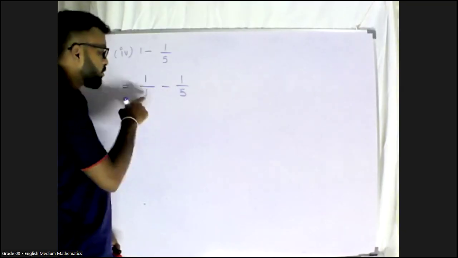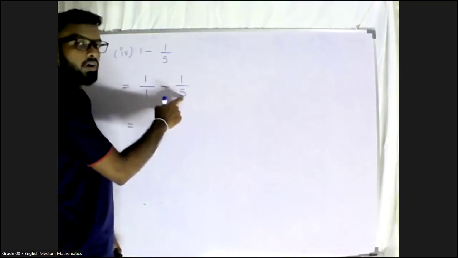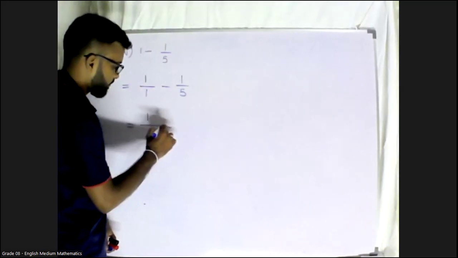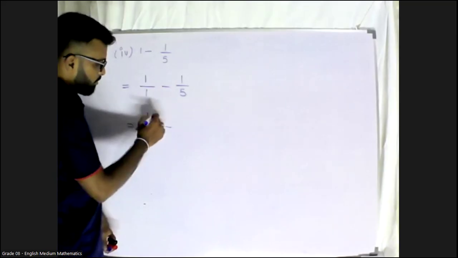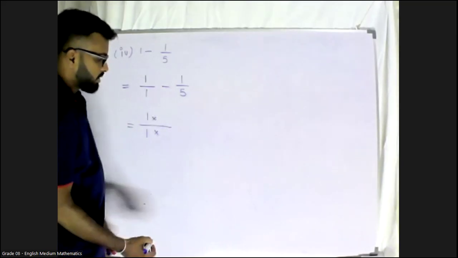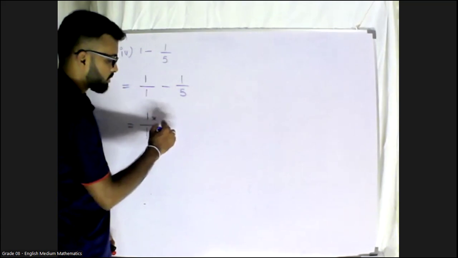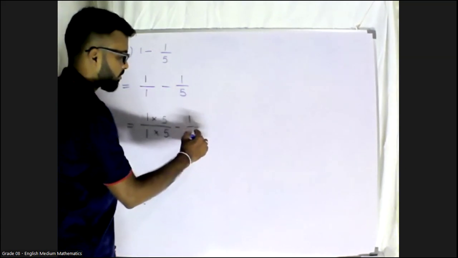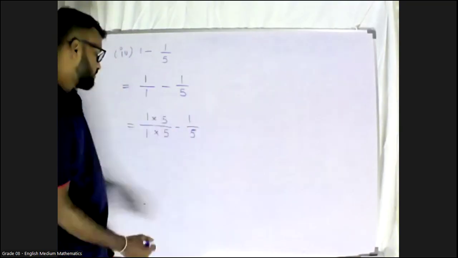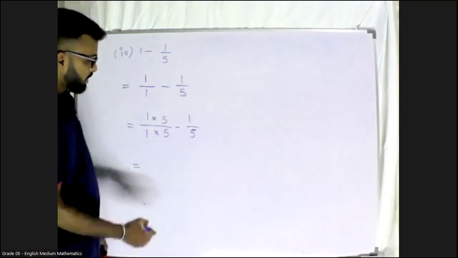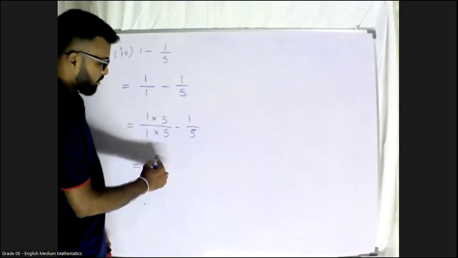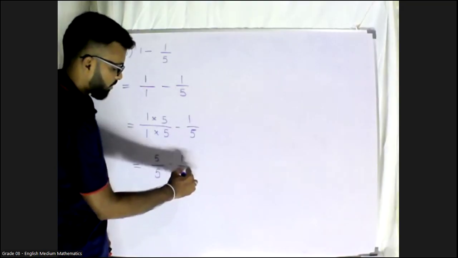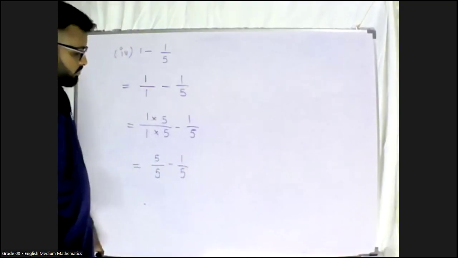How do you convert this 1 into 5? 5 times 1. Very easy. You are going to multiply both numerator and the denominator by 5. Here you have 1 over 5. 1 times 5, 5. 1 times 5, 5. And 1 over 5.